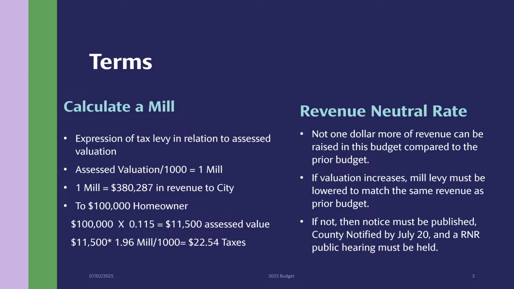So if we were to take advantage of that full 5.1% increase in valuation, the $100,000 homeowner would be paying 22.54 more dollars in 25 versus in 24. Are there any questions about that?